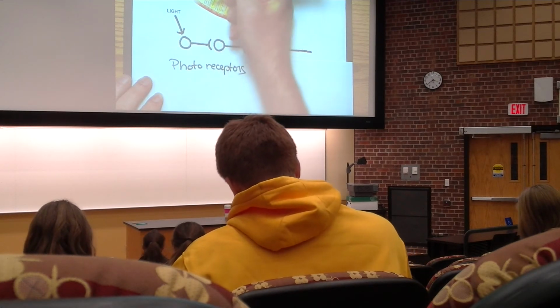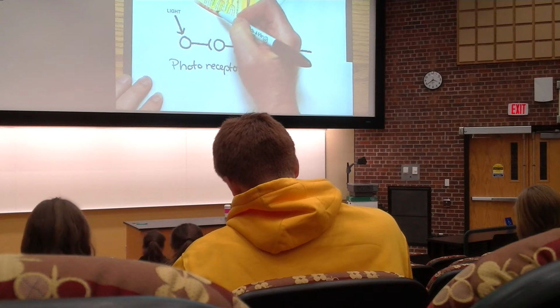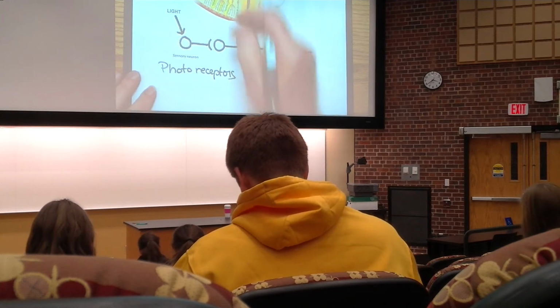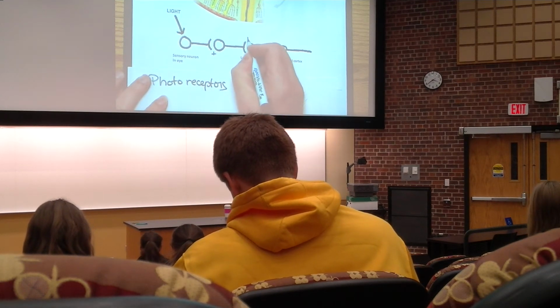The light is turned into a neuronal signal in the photoreceptors, and that neuronal signal gets passed on to the other neurons in the network.